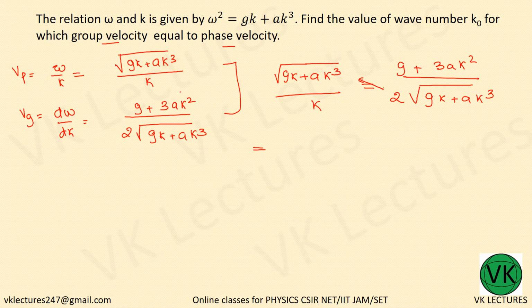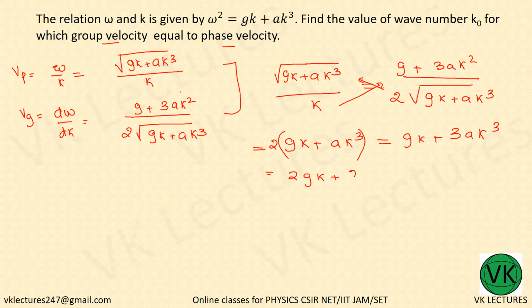Okay, now just bring this here. So what you are going to get is gk plus ak cube is equal to, then multiply here and you will get 2 times gk plus ak cube equal to gk plus 3 times ak cube. So 2gk plus 2 times ak cube equal to gk plus 3 times ak cube.